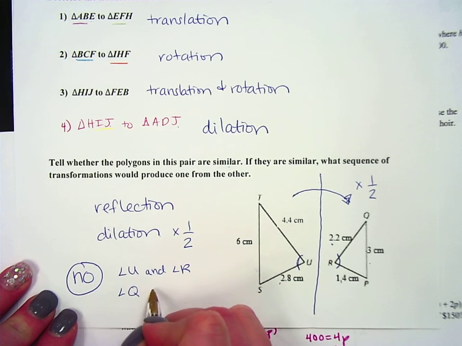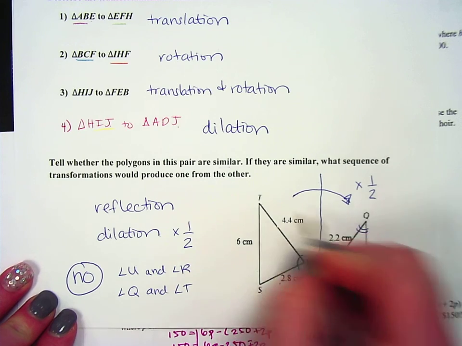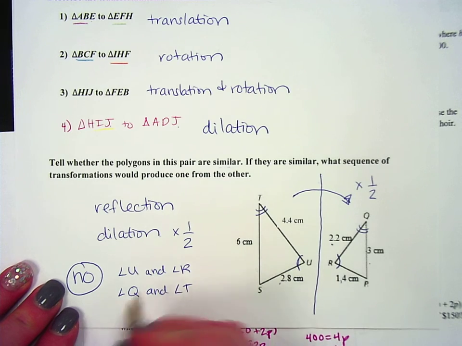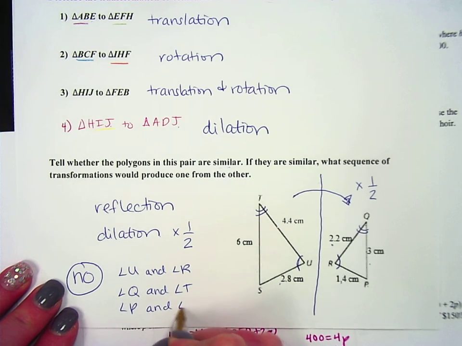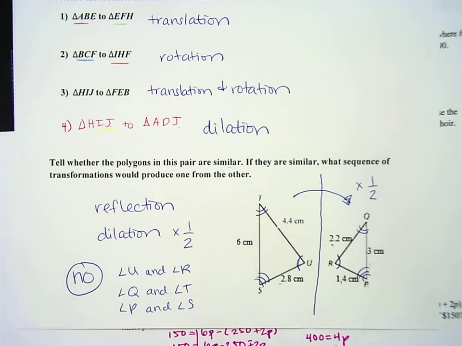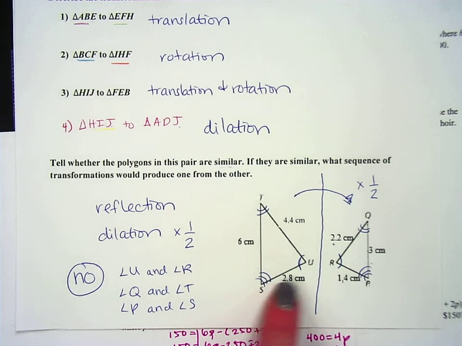Unless they have that little symbol that shows this angle Q is the same as this angle T, I cannot say that they're similar. Or my last one, remember P with S. There's nothing to show me that this one is the same as this one. So unfortunately, no, those are not similar. Not with 100% certainty. It appears as if it was a reflection and then they did a dilation. They made it twice as big. But without knowing those angles, we can't say for sure that those two are similar.